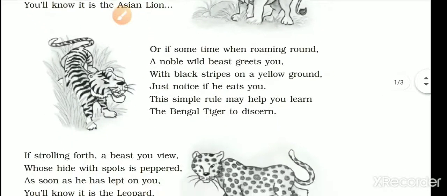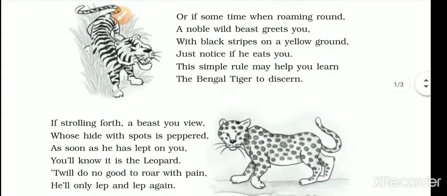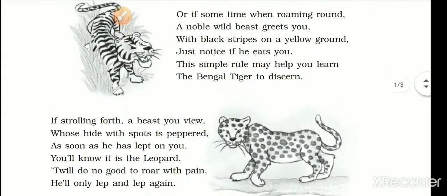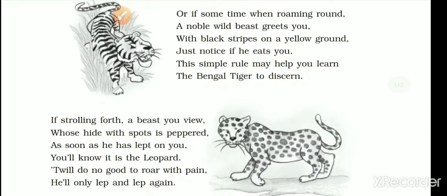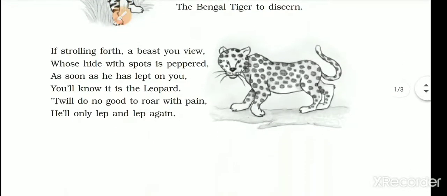Or if some time when roaming round a noble wild beast greets you with black stripes on a yellow ground, just notice if he eats you. This simple rule may help you learn the Bengal tiger to discern.